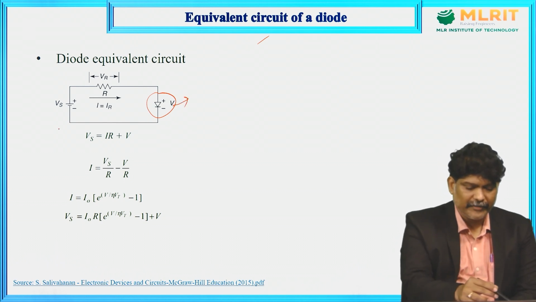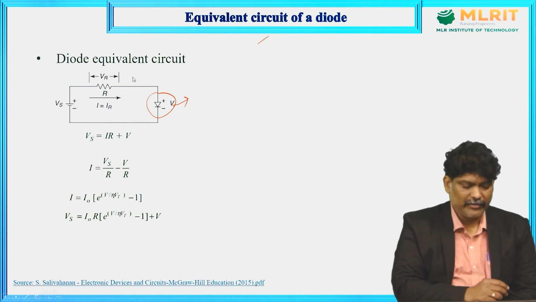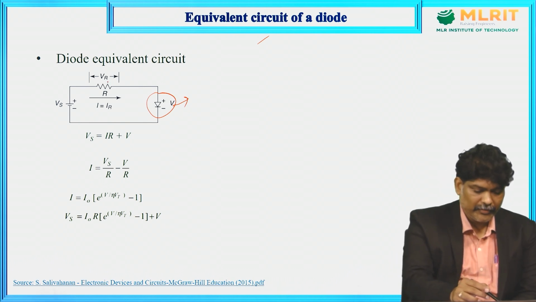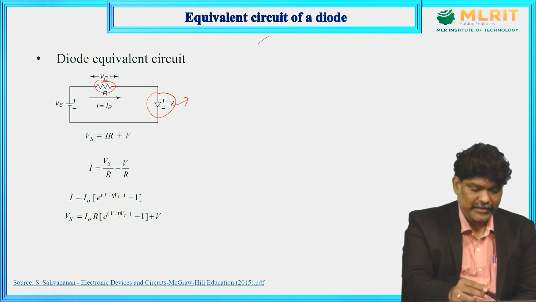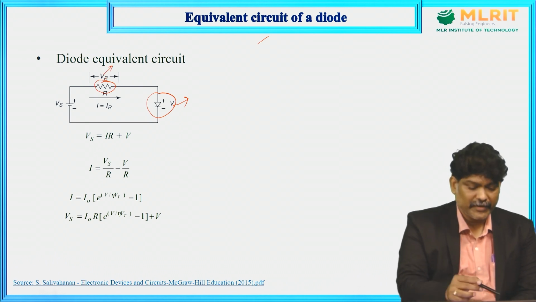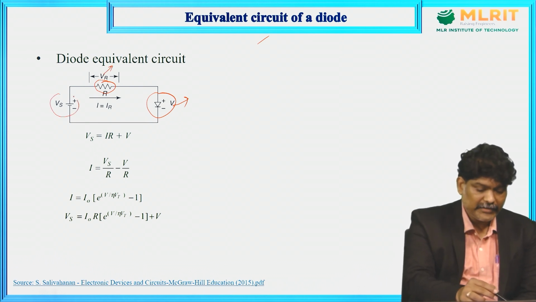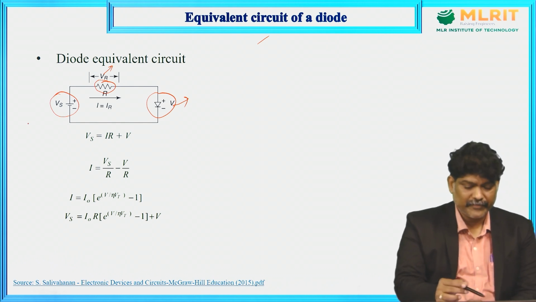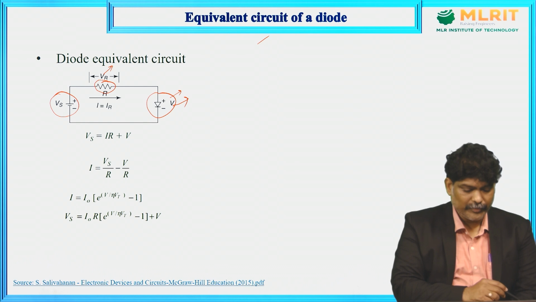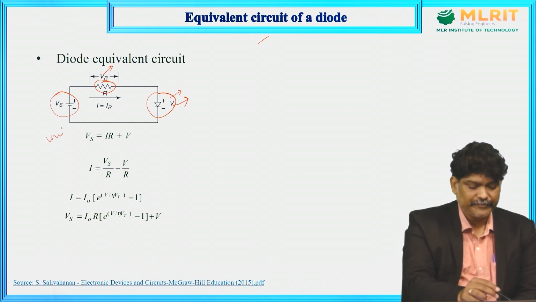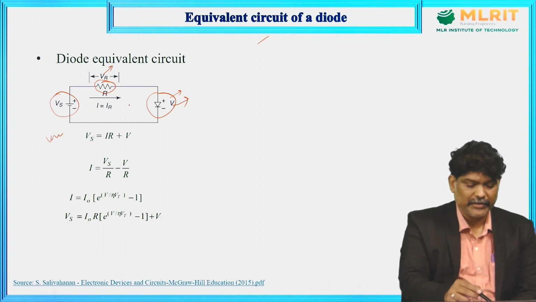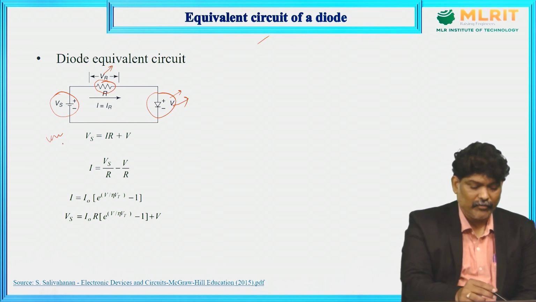So here we have a diode equivalent circuit. We have a current limiting resistor, and the voltage across this resistor is represented as VR, Vs is the source voltage, and V is the voltage across the diode to be measured. If you apply KVL to this loop, what is the source voltage?